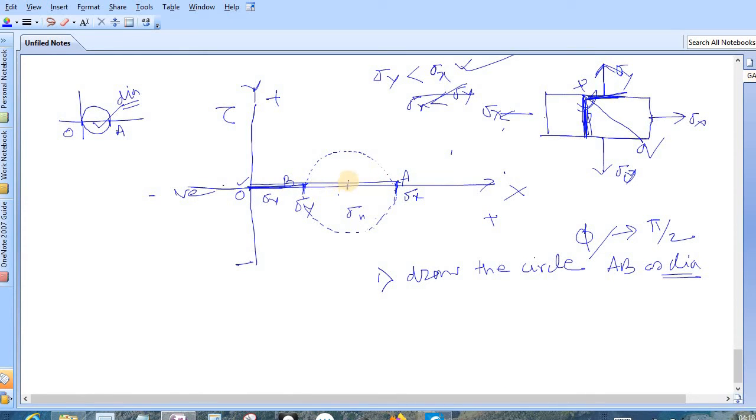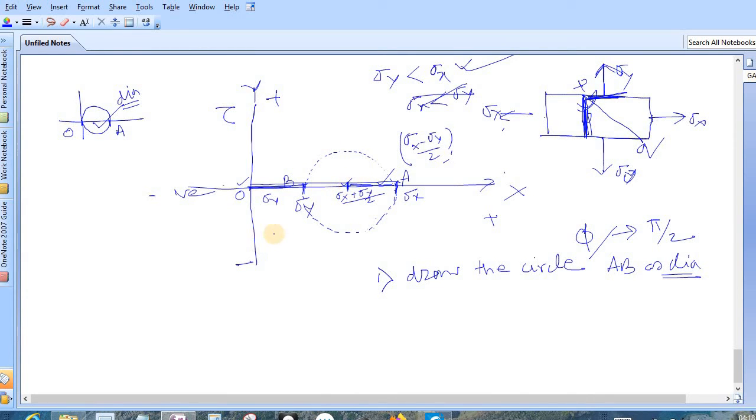So simply this center is sigma x plus sigma y by 2. This is the ordinate of this center. And what is the radius? Simply the radius is sigma x minus sigma y by 2. So you have got your radius, you have got your center, and you have drawn your circle.